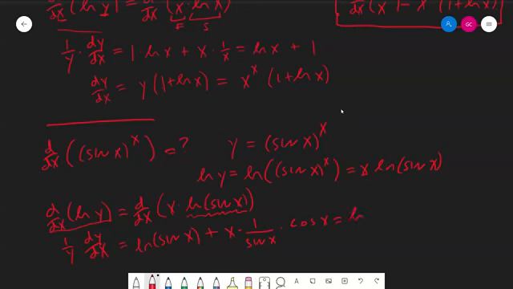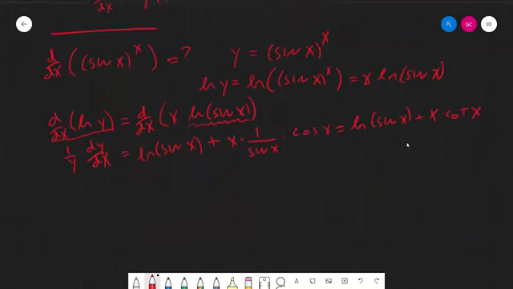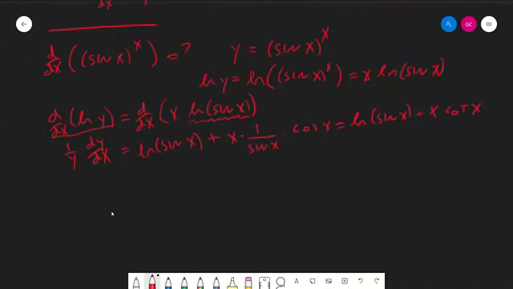So if you want to clean that up, you might say that's ln of sine of x plus, well, cosine divided by sine is cotangent. So x times cotangent of x. And finally, we just want to solve that equation for dy dx by multiplying both sides by y.